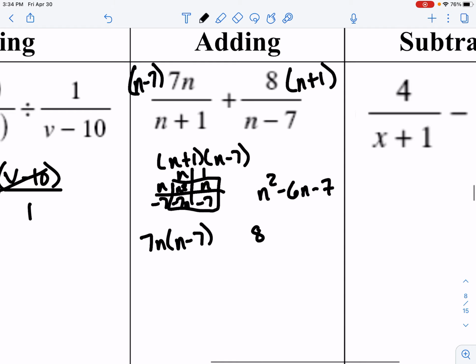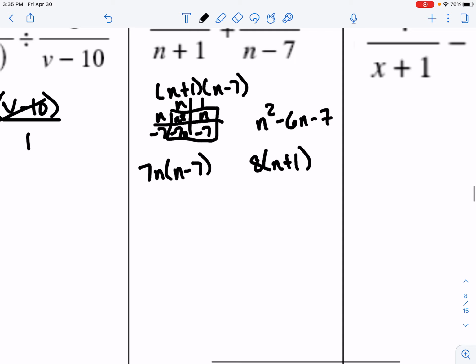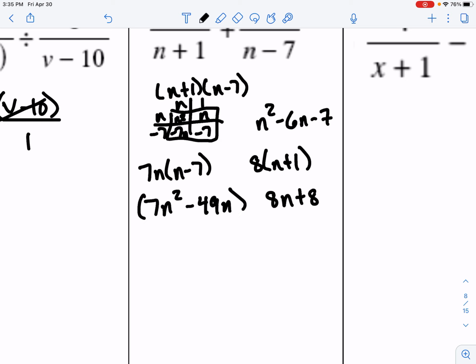Then I'll have 8 times n plus 1. In the right one, I'll have 8n plus 8. From here, remember, we're adding, so we're going to add these, divide it by the common denominator we just found.